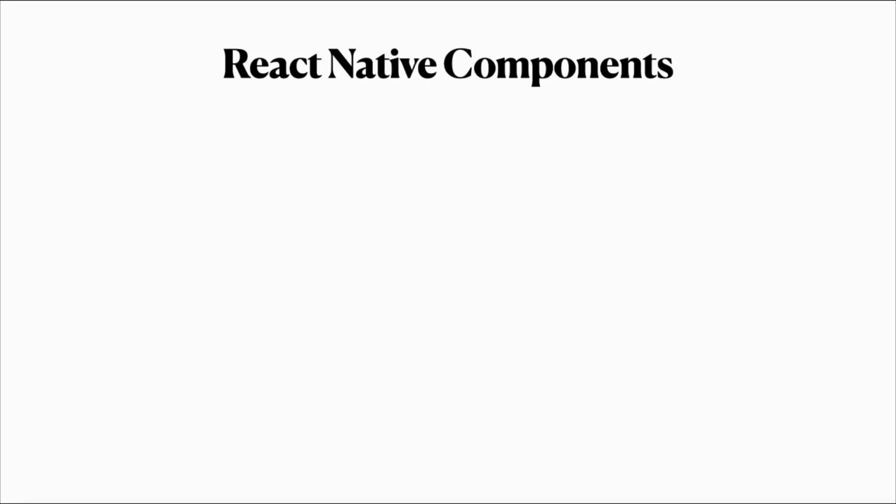Now, apart from these components, there are a lot of libraries made by the community, which you can use in your mobile application. For example, let's say you want to use navigation. Navigation is when you go from one screen to another. So there is a library called React Navigation, which can be used inside the app.